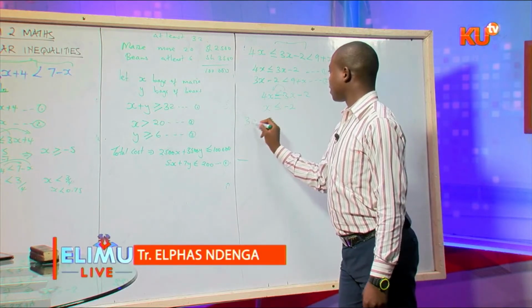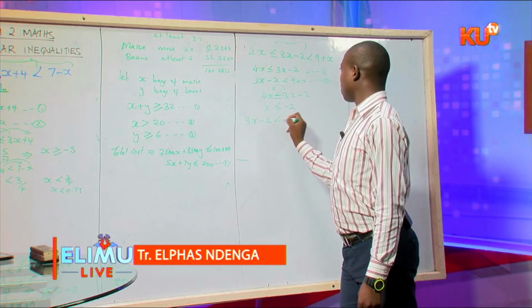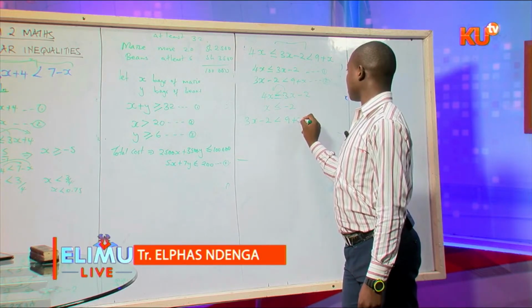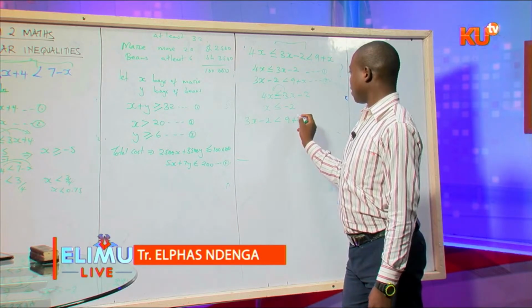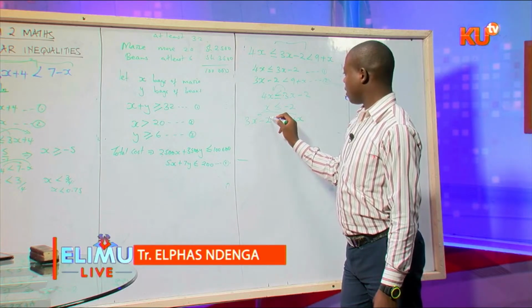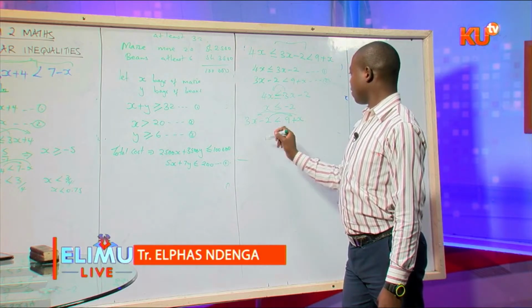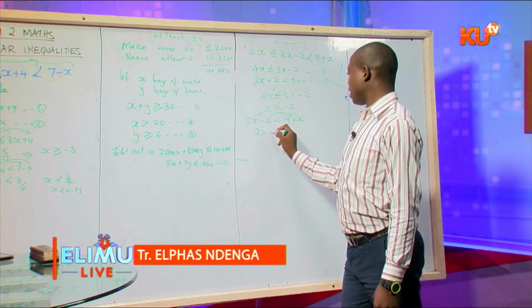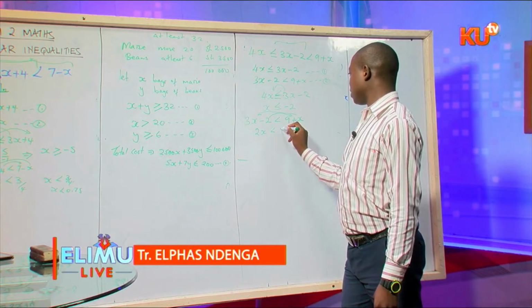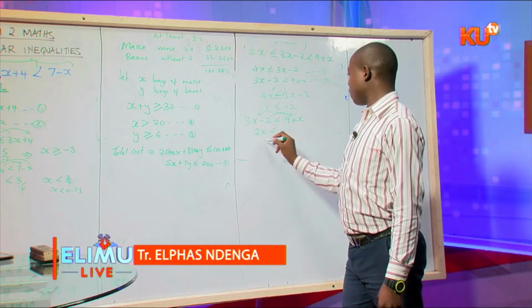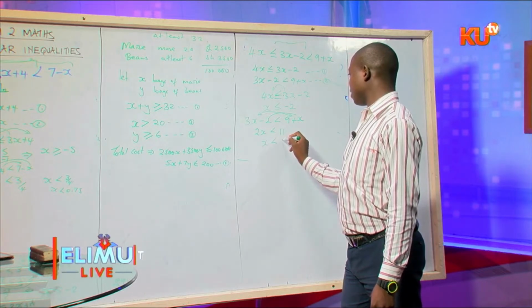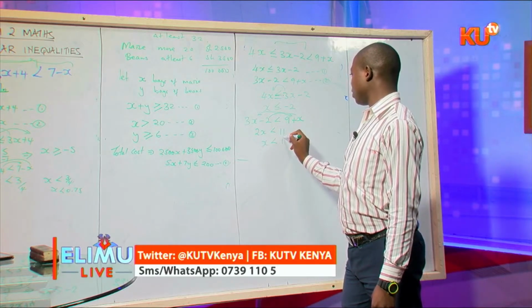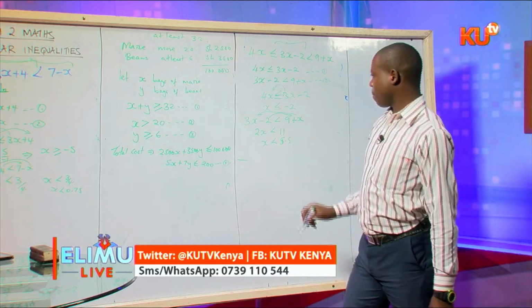For this other one, 3x minus 2 less than 9 plus x. Take the x to the left side, negative 2 to the right side. So this gives us 2x less than, and then that gives us 11. Therefore, x less than 11 over 2, which is 5.5.